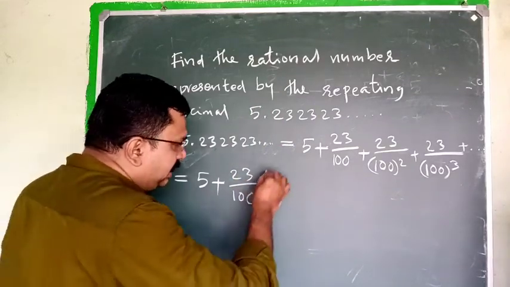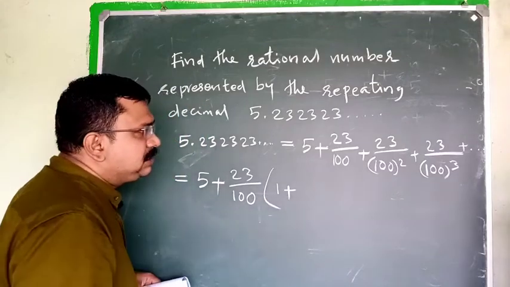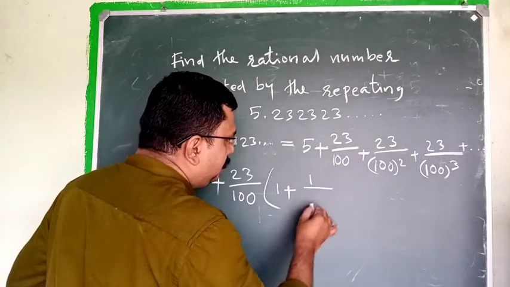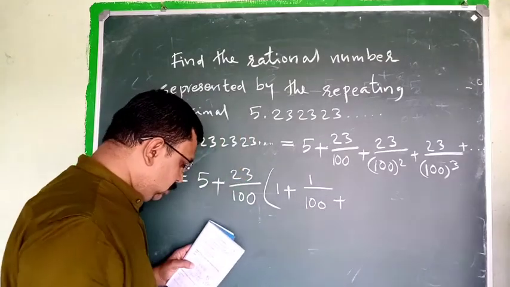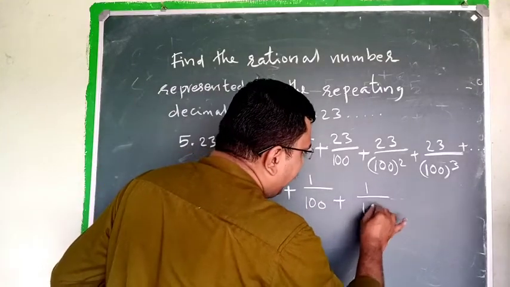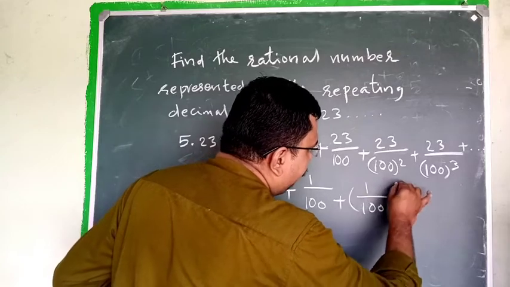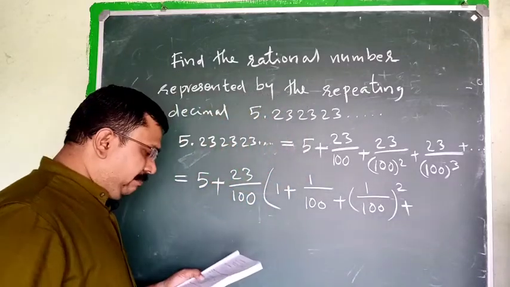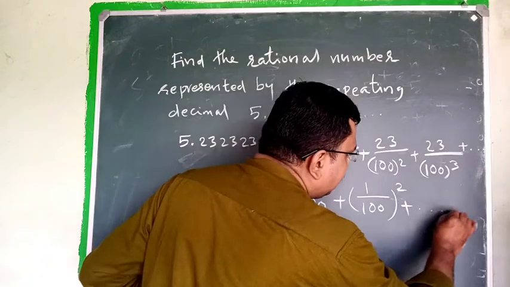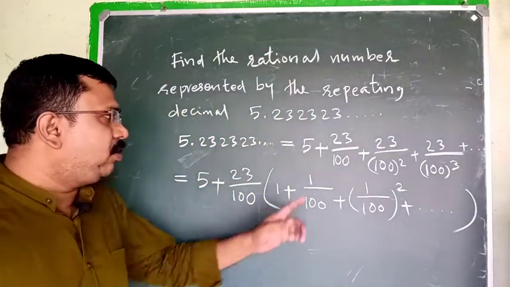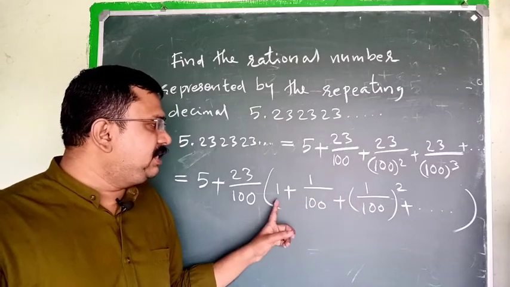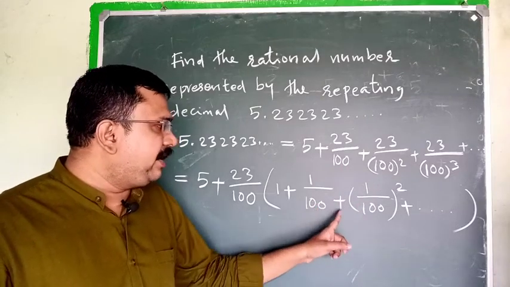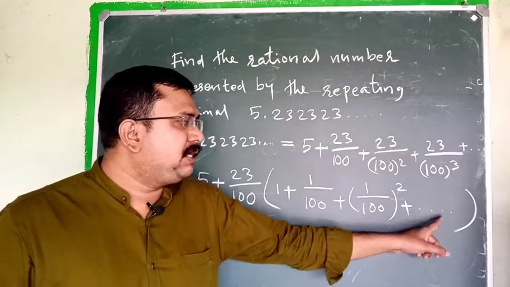Then the remaining is 1 plus 1 by 100 plus 1 by 100 square plus 1 by 100 cube plus etc.